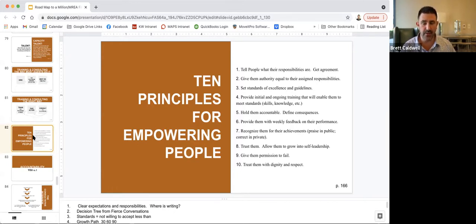And we need to set parameters around what decisions they need our input on and what decisions we're empowering them to make. That decision tree, which talks about leaf decisions, branch decisions, trunk decisions, and root decisions, creates a communication with people around, hey, go make decisions like this.